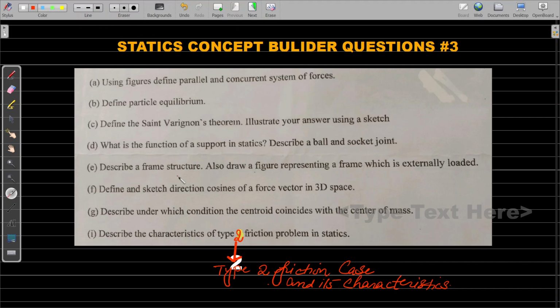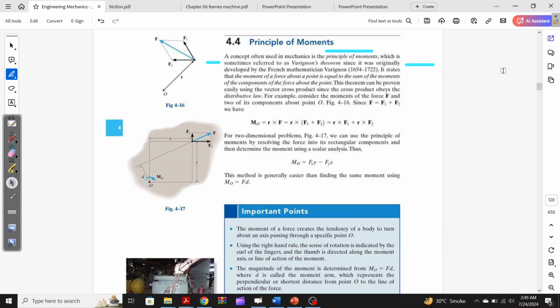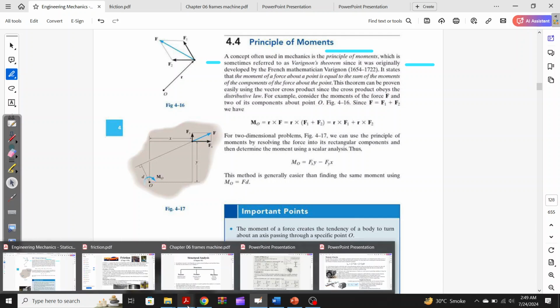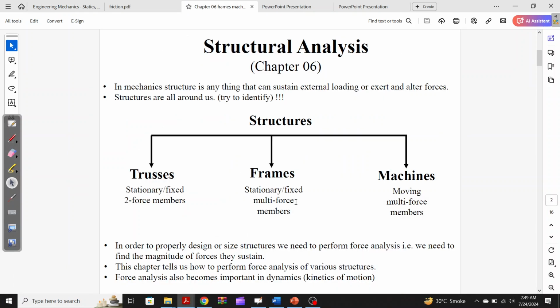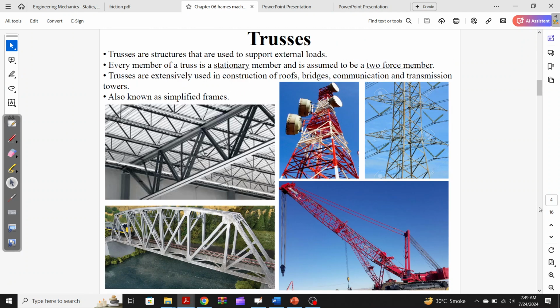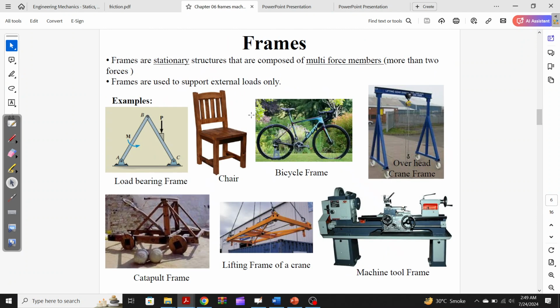Describe a frame structure and also draw a figure representing a frame which is externally loaded. You have to explain what a frame is, and you have to draw any figure of an externally loaded frame structure. So if you go over here, this is a frame.